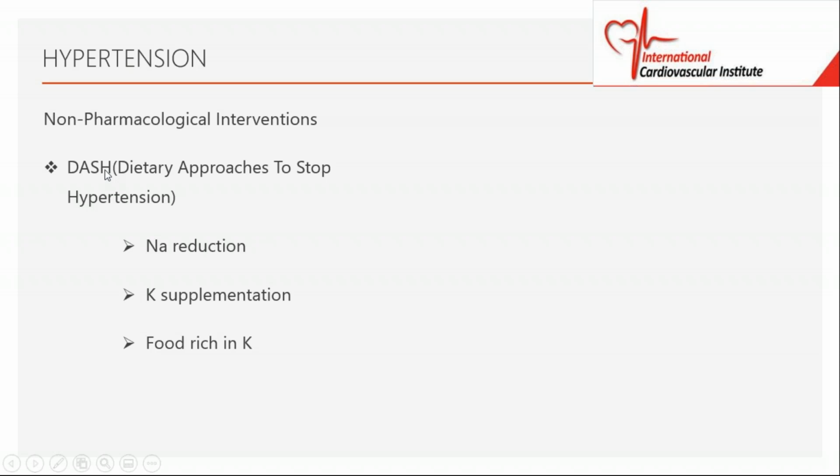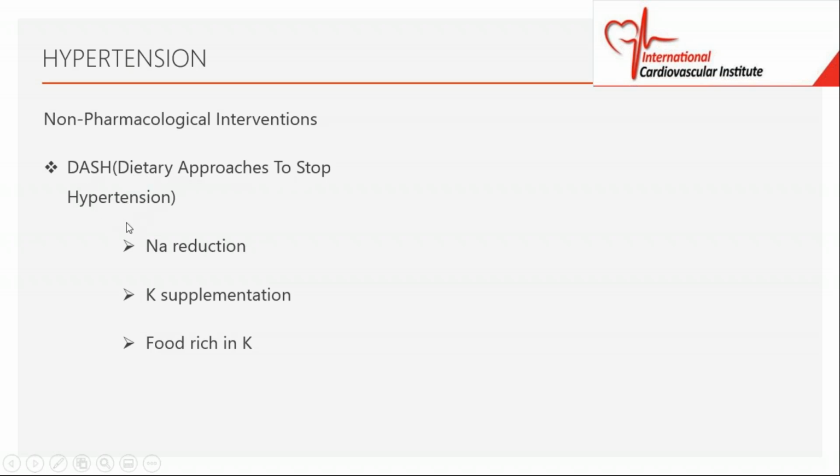There were a number of diets and approaches that were investigated in randomized controlled trials. For people who are doing exams, the DASH diet was one of the most significant in causing reduction in blood pressure. DASH stands for dietary approaches to stop hypertension.